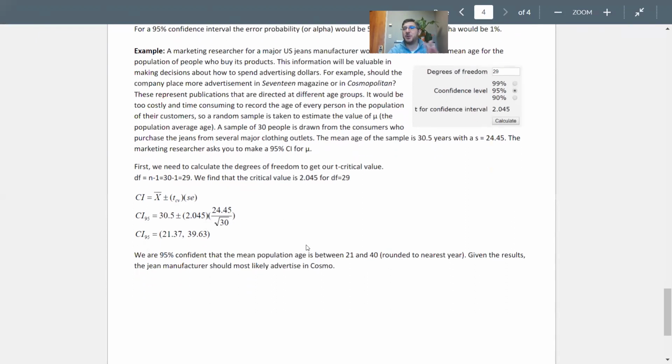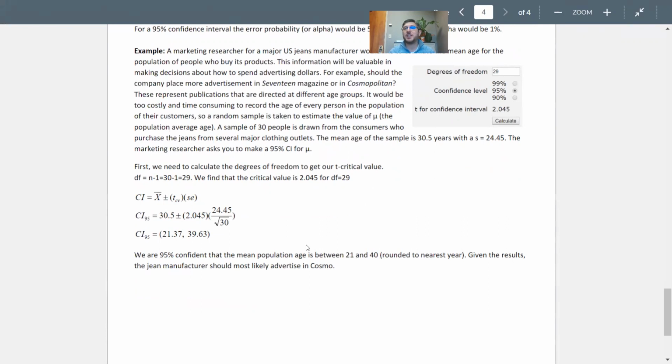If we do all those calculations, we're 95% confident that the mean population age is between 21 and 40 years. So, given those results, maybe we want to advertise in Cosmopolitan instead of 17 magazine.